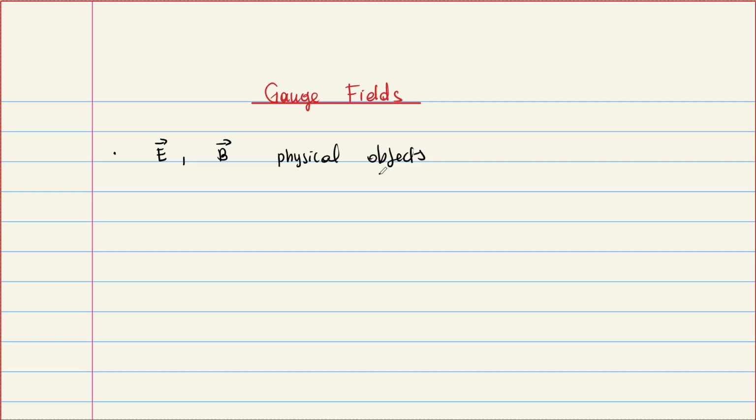But what we do in electrodynamics, if you are taking that course, when we calculate things, it's easier to calculate in terms of not these physical fields, but so-called gauge fields. And gauge fields, there are two of them. There's the scalar potential, which is phi, and the vector potential, which is A.